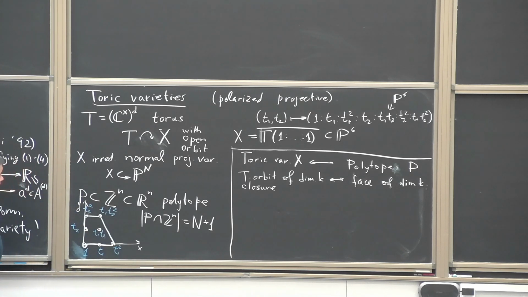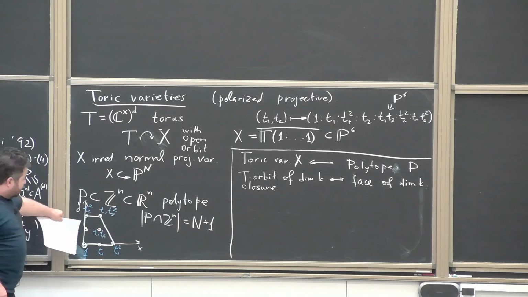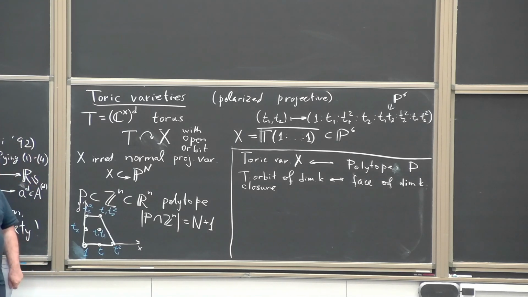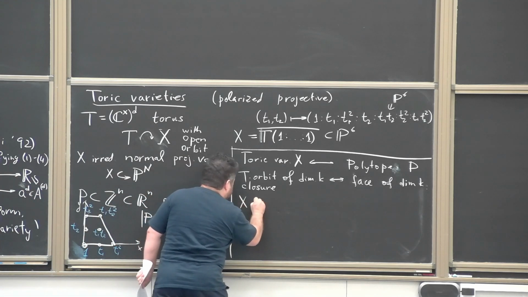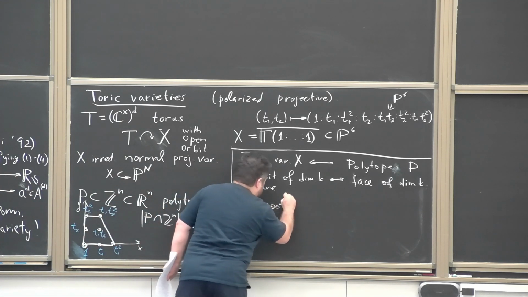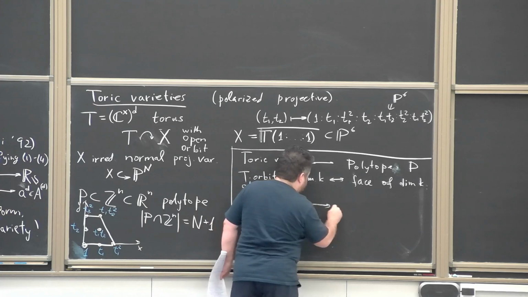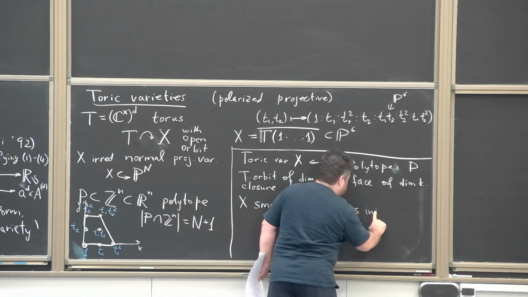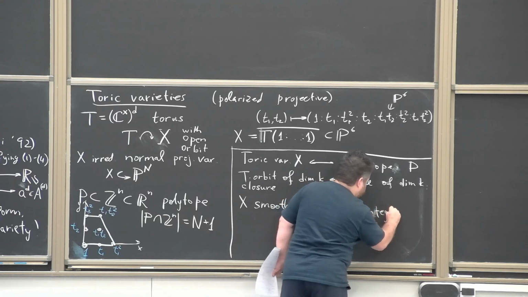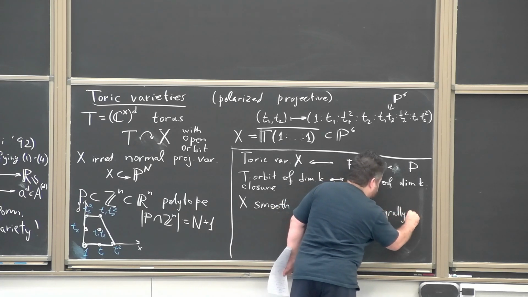One more thing is that from this polytope you can say whether your variety is smooth. So X is smooth if and only if P is integrally simple.